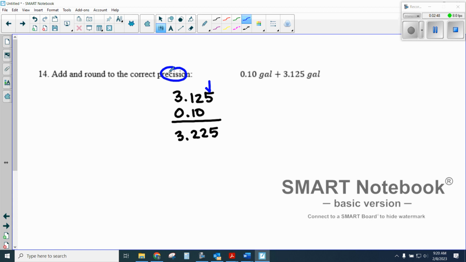So this number is rounded to the nearest thousandth. This one is to the nearest hundredth. And so I take the one on the left, the least precise, and I need to round my number to the nearest hundredth. The 5 bumps that 2 up to a 3, and I would say 3.23 gallons.